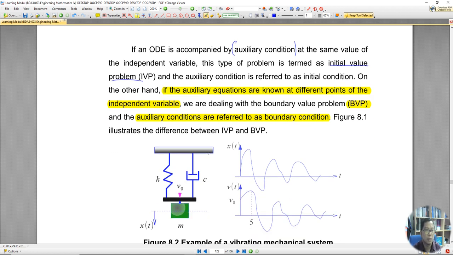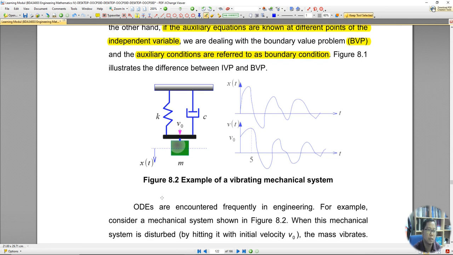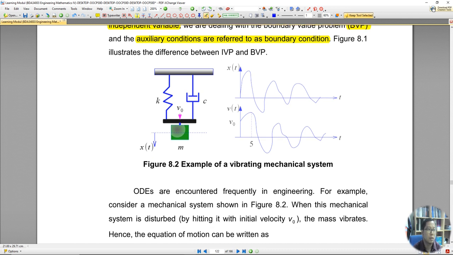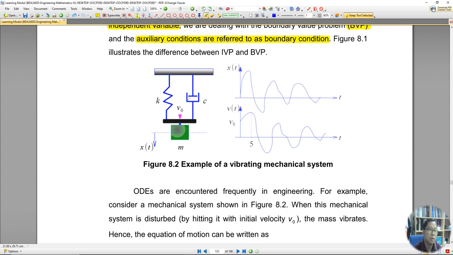Okay, we go to Figure 8.2 about the example of a vibrating mechanical system, where we can see here a damper and spring. This is a mass, this is the deflection or the distance, and this is the velocity.